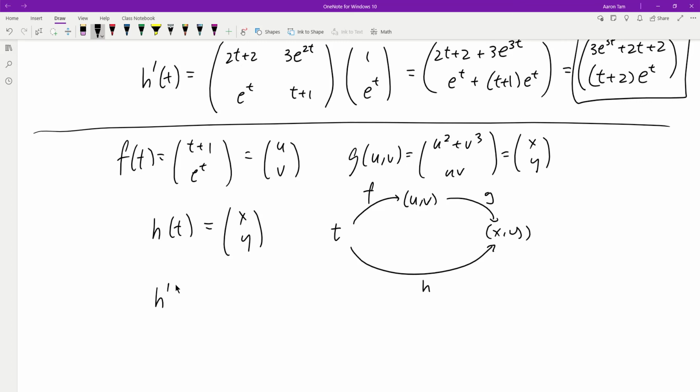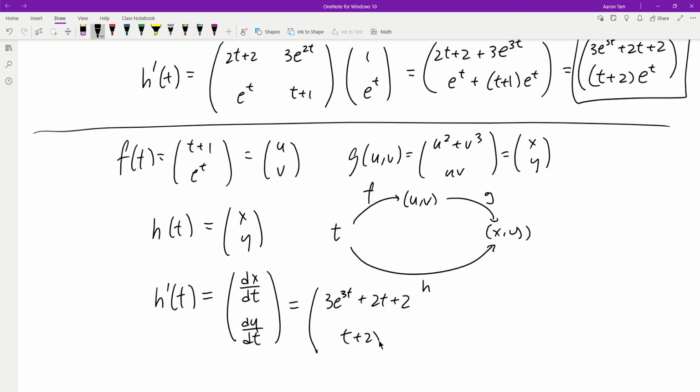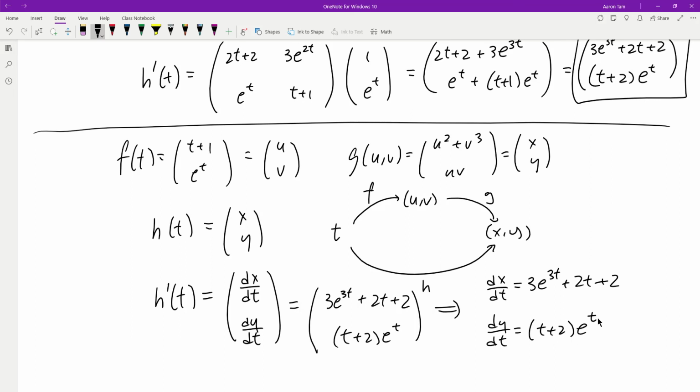And therefore I can talk about h prime of t as the derivative of the function h with respect to t. Based on what we learned, that implies what we're looking for is dx over dt, dy over dt, which turned out to be what we found yesterday. So this implies that dx over dt should equal this thing, and dy over dt should equal this thing.